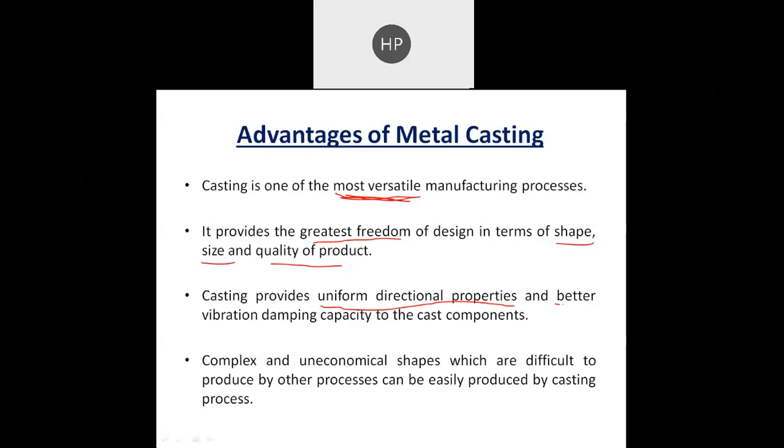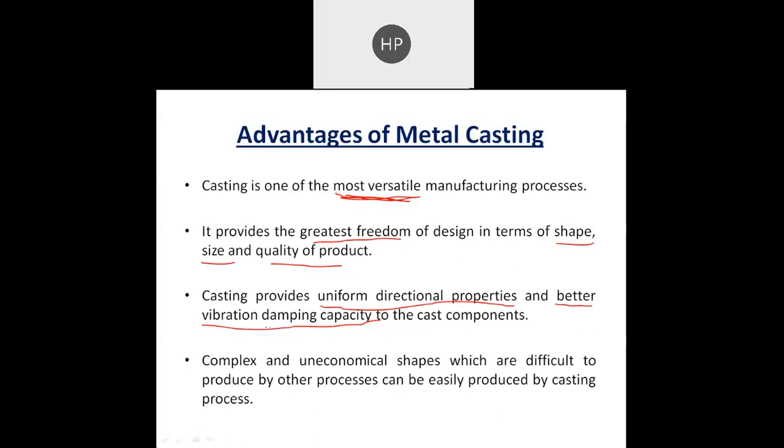It has a better vibration damping capacity. That is the most important property which the cast component has. They have a better vibration damping capacity, so it will damp the vibration.